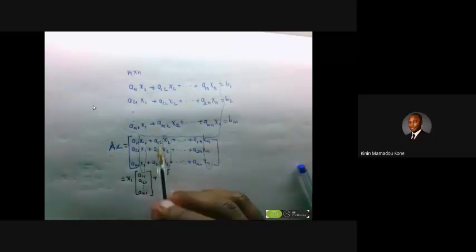and you have your column vector a12, a22, up to am2. So you continue the same process, and then you have x sub n.